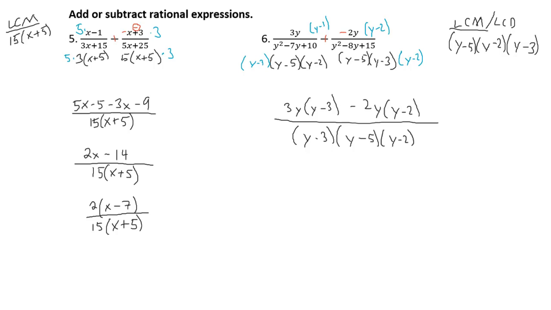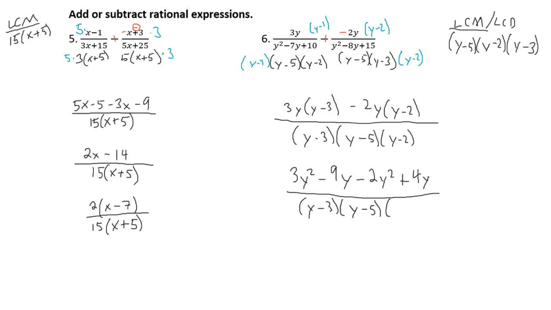And so when I distribute that, I get 3y² - 9y - 2y² plus, negative times negative is positive, 4y, all over the three binomials, y - 3, y - 5, y - 2.